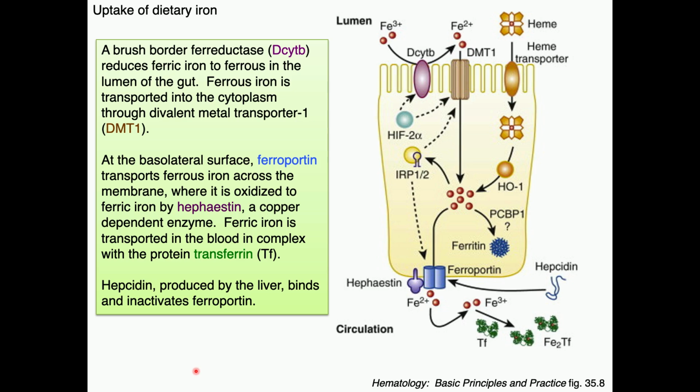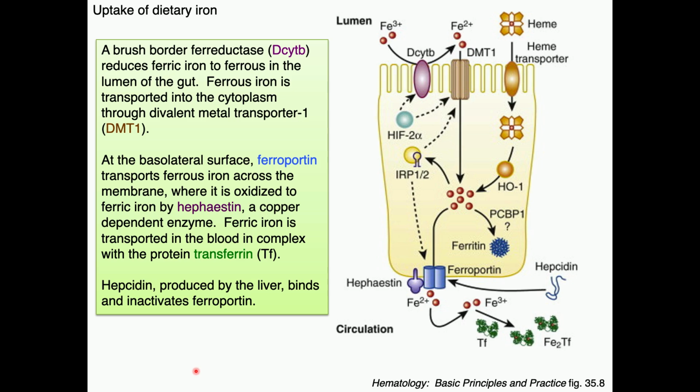Okay, so in terms of that transport of the dietary iron from the lumen of the GI tract into the blood, to complete that story, the ferrous iron is going to be exported through ferroportin. Then there is kind of a reverse of the brush border enzyme oxidoreductase. An enzyme called hephaestin will oxidize the ferrous iron to the ferric form, to the +3 form.